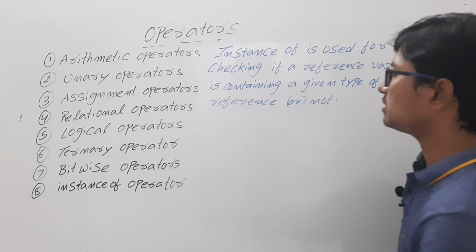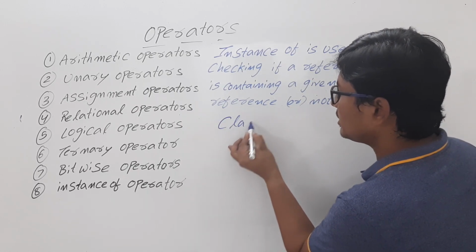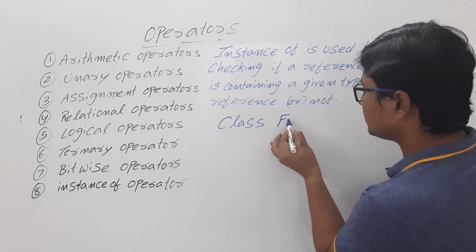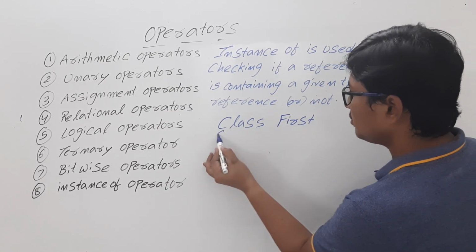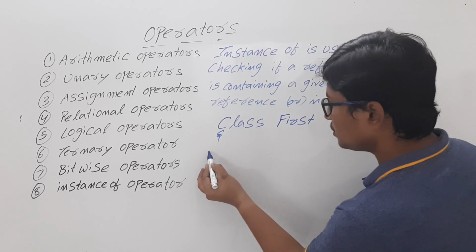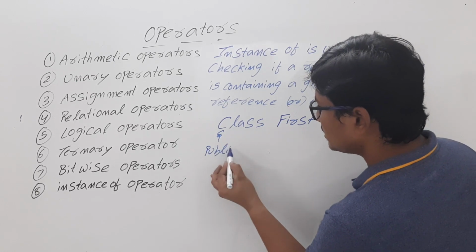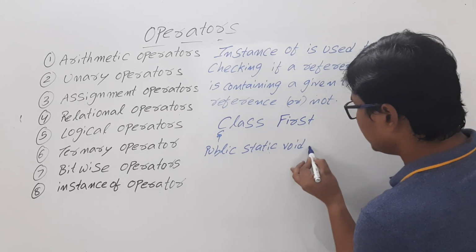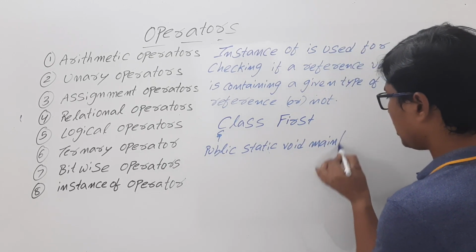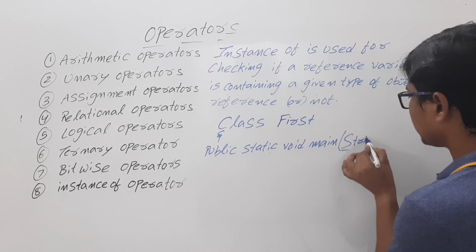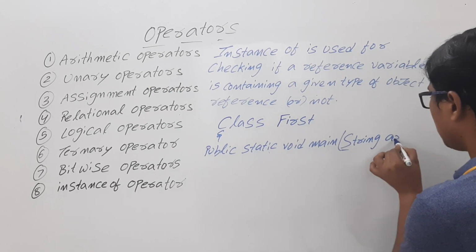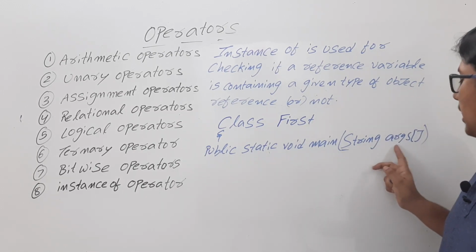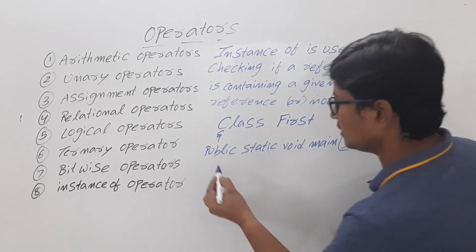Now let me discuss with a simple example. I am creating a class called first. Then I will write public static void main, String args, or you can write anything here.